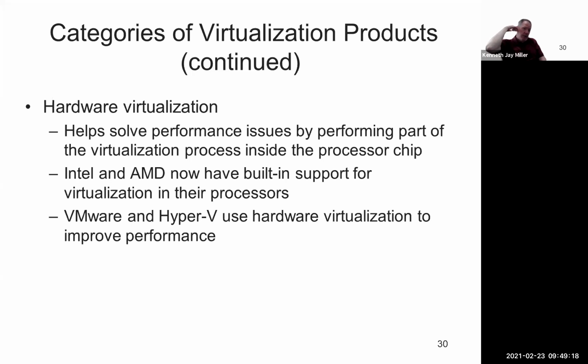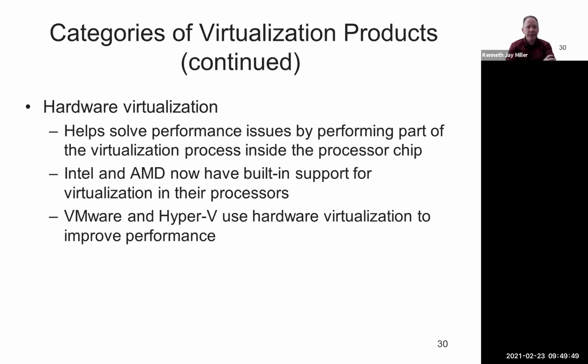Okay, now with our processors, the CPU on our hardware, it must be aware of virtualization. And in order for that to occur, the processor must be designed with what's known as hardware assisted virtualization, or HAV.